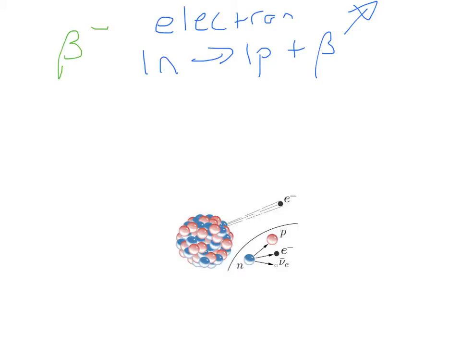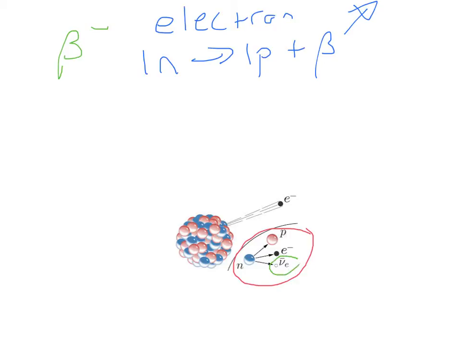Now, at AS, we need to have a little bit more information than that, so we need to think a little bit more about what's going on. In fact, there is another particle that is also released at the same time, demonstrated by this little diagram down here. The neutron does indeed turn into a proton and electron, but we also have this other particle released here, which we'll learn about slightly more as we go through the particle stuff.